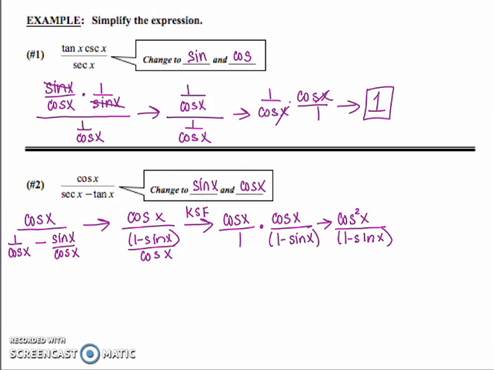So if I look at my first Pythagorean identity, sine squared plus cosine squared equals 1, if I solve that for cosine squared, right? So if I move that sine squared over to the other side, cosine squared would be equivalent to 1 minus sine squared x. So that's the next thing that I'm going to do, is I am going to replace this numerator here with a Pythagorean identity.